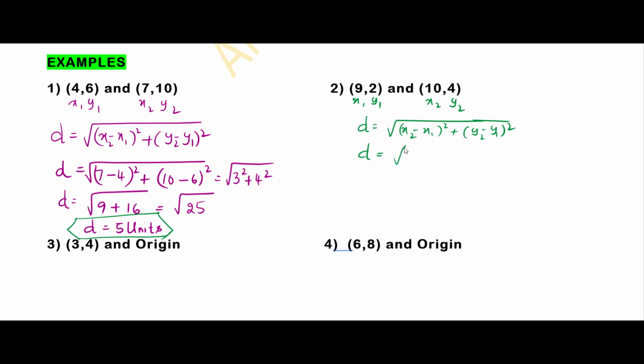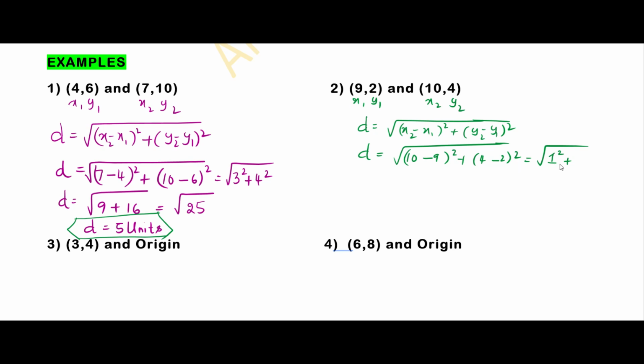Now just substitute the values. x2 is 10 minus x1 is 9 whole square. y2 is 4 minus y1 is 2 whole square. Now what do we get? What is 10 minus 9? 10 minus 9 is 1 square as it is.